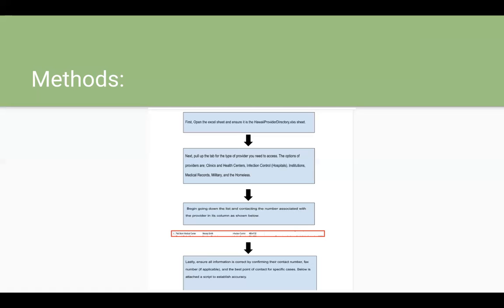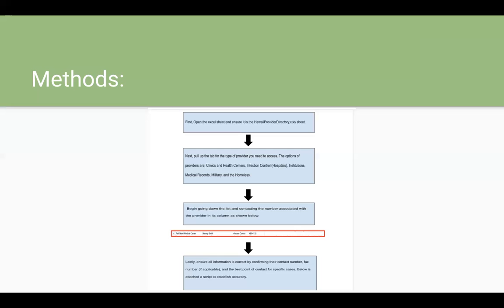A lot of the time someone would answer and they'd be like, anyone available to speak? For that one, it's usually any available nurse or anyone available in the medical records department. And if the person I got in contact with told me, yeah, any doctor, I would list that as well. So I made sure to include that all in the notes section.